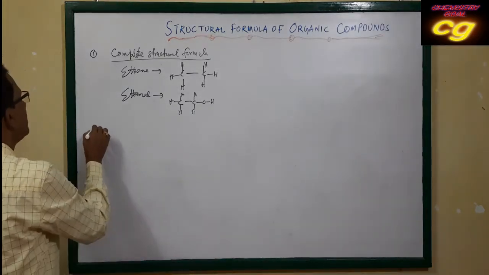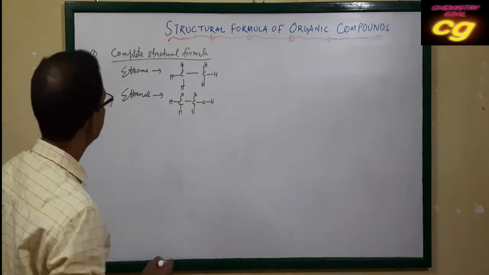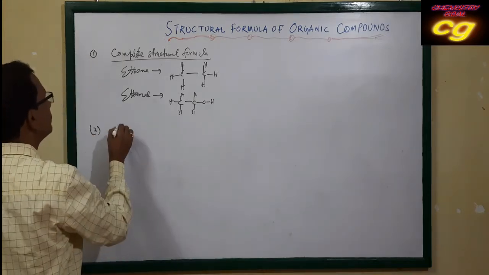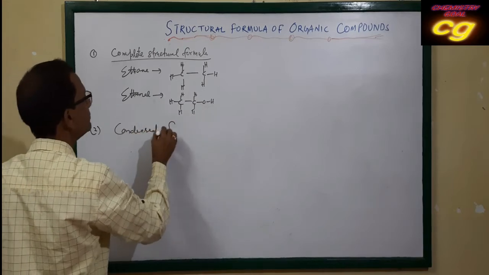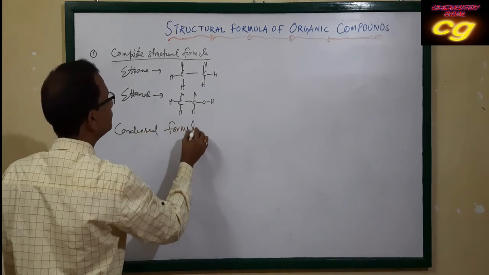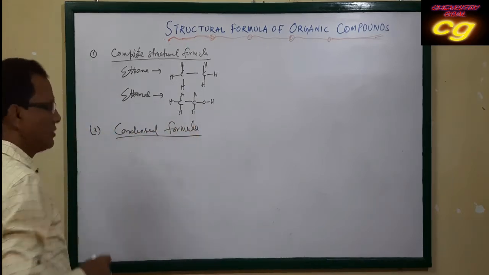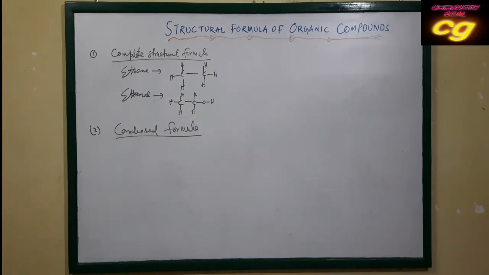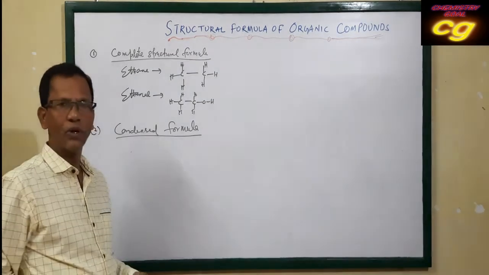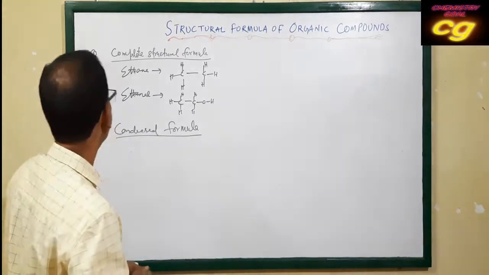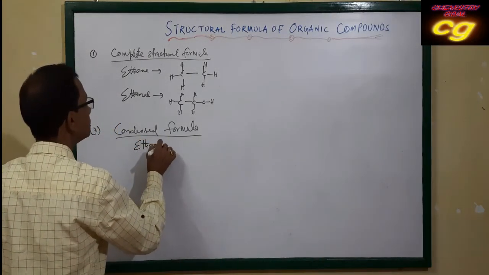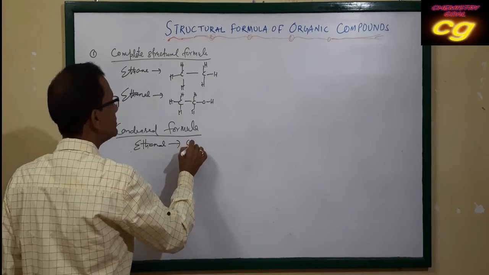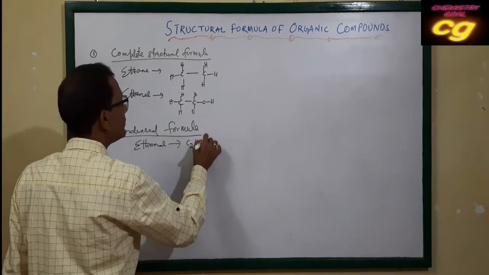Then it can be written as a condensed formula. Condensed formula means you have to write the molecule combinedly. For example, ethanol can be written as C2H5OH.